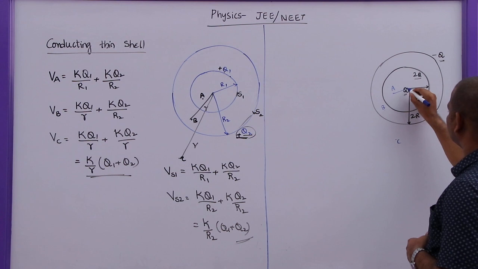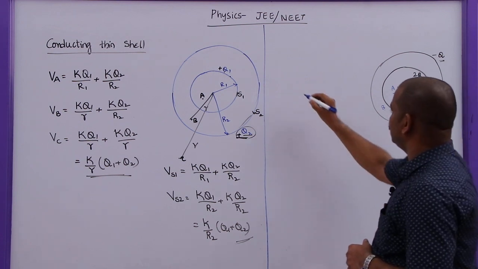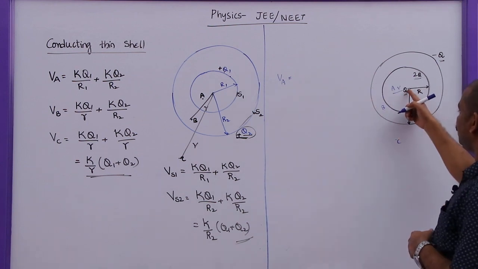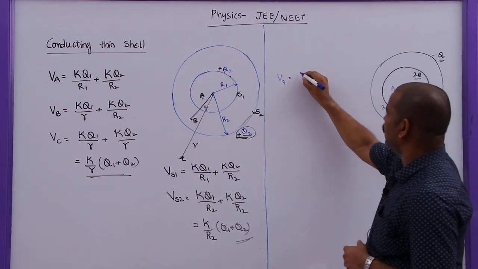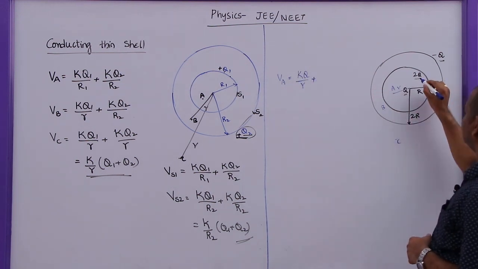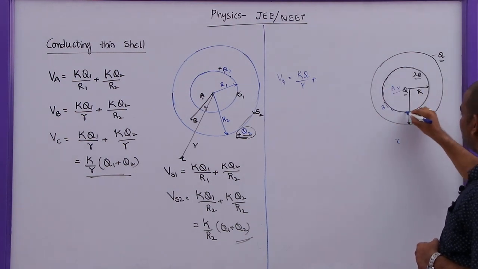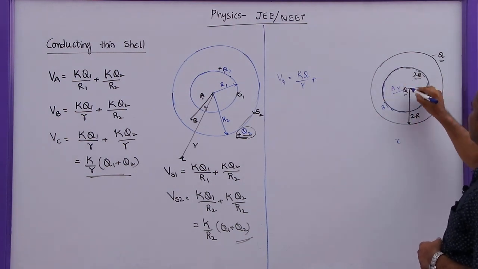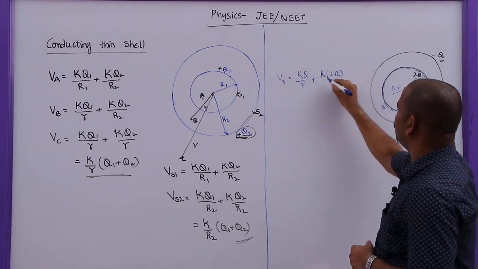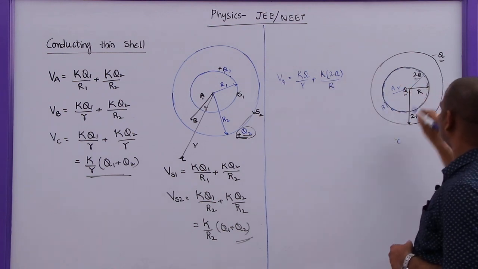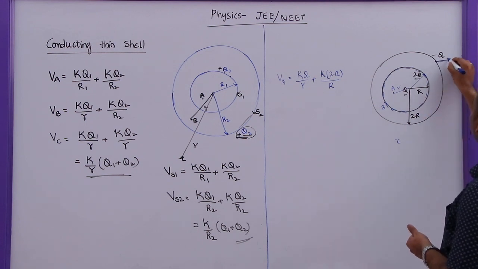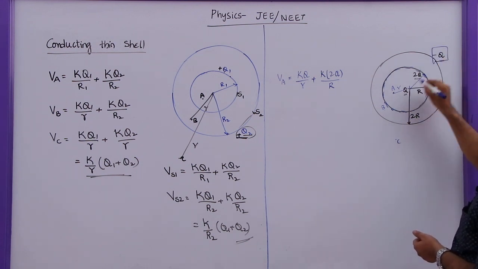So at A, which is at a distance of R from the center, what is the potential at point A? This is a point charge at a distance of R, so you can write KQ by R, plus, this charge is 2Q, and due to the charge present on this inner surface, the potential here is K 2Q by R. So this is the potential on the surface, which is also equal to the potential at point A. Now what is the potential due to the negative charge at a distance 2R from the center?